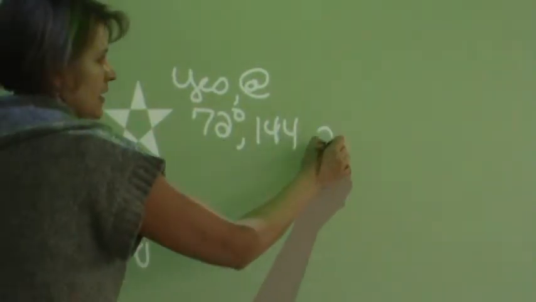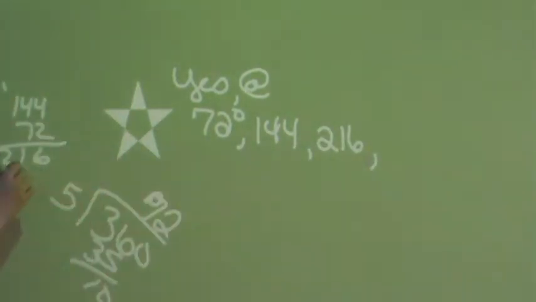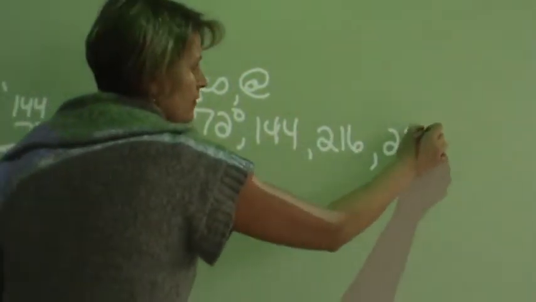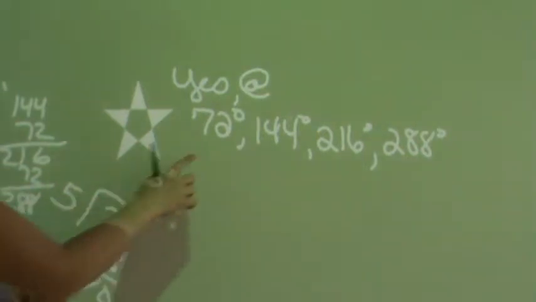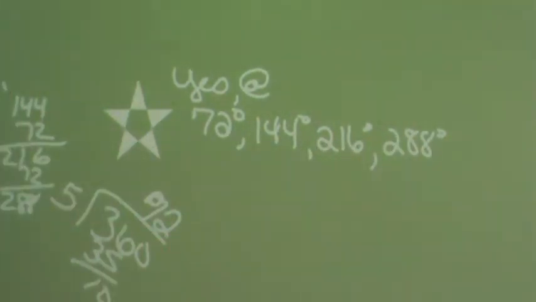So 216, and then add another 72, so we get 288. And again, remember, we don't do 360, so we divide it by 5, we should have 4 answers. All right, the sun.